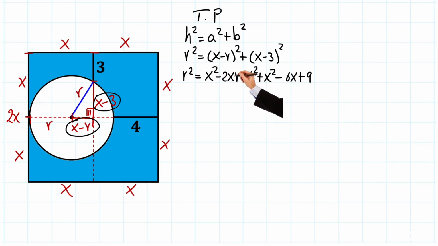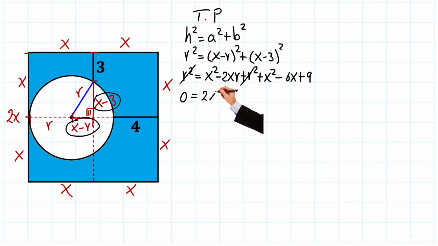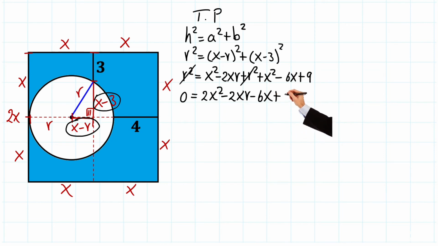Very well, and notice here this r squared cancels out with this r squared. On the left side we get 0, and on the right side, here I have x squared plus x squared, 2x squared. Then we have this term here, minus 2xr, then we have here minus 6x. Very well. And finally, we have this 9 here.